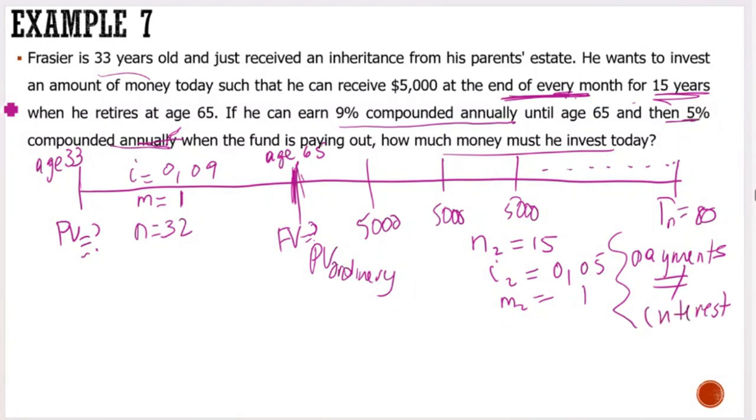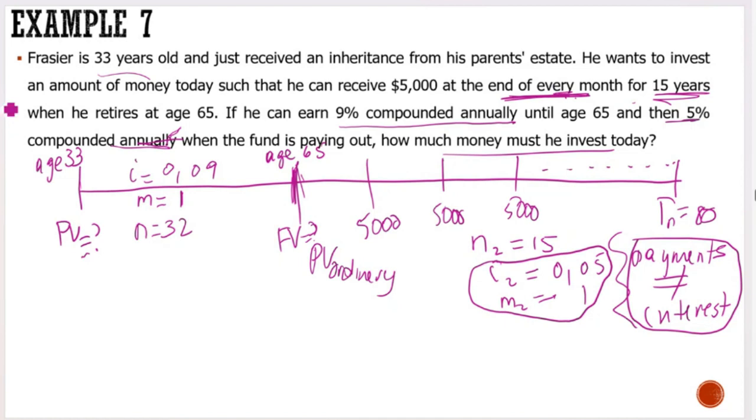Remember, when you've got a situation like this, what do you need to do? You need to isolate this and calculate a nominal interest rate which is compounding monthly, because your payments are monthly. Whatever is being paid monthly needs to be compounding monthly.